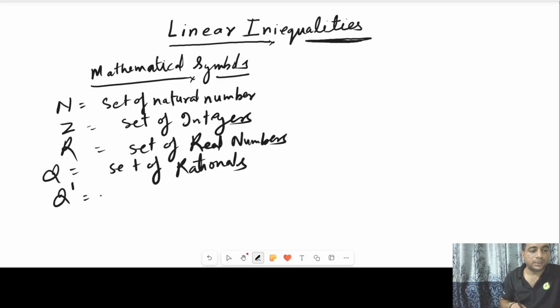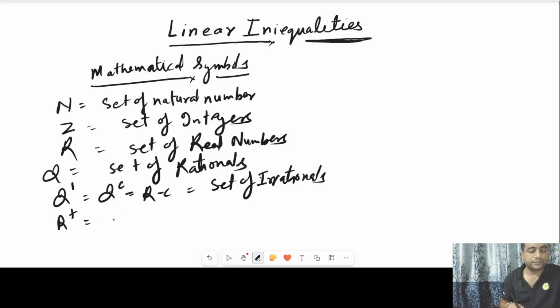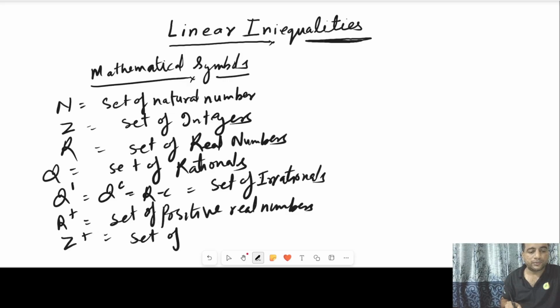And Q complement, or Q^C, or R minus Q, represents the set of irrationals, meaning the set of irrational numbers. Sometimes we use R positive. R positive means the set of positive real numbers. In the same manner, Z positive is the set of positive integers. These are the mathematical symbols for the representation of sets.